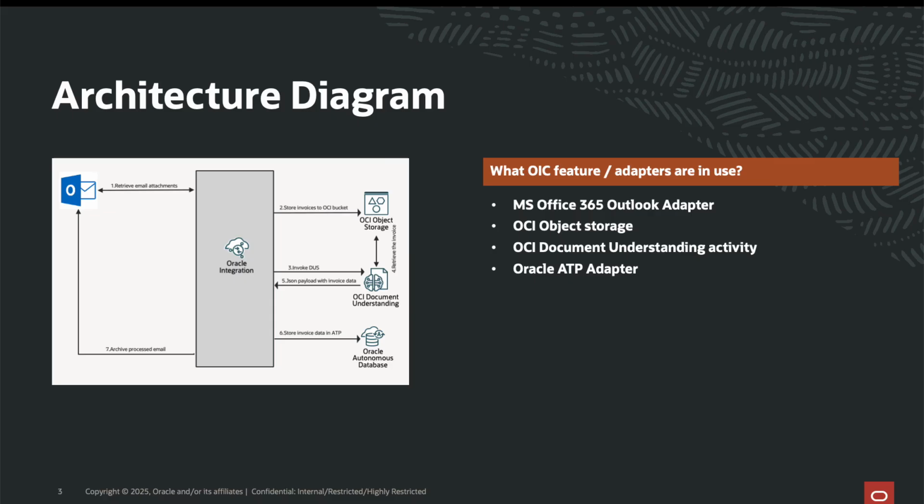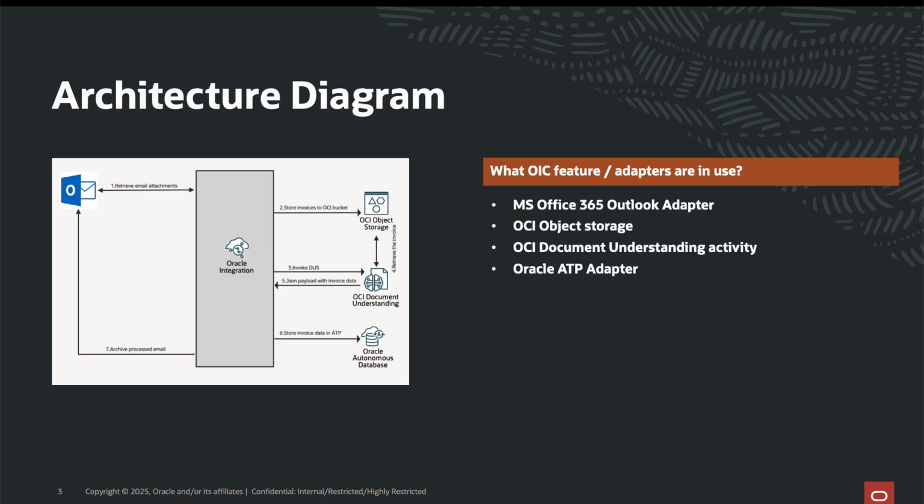And after that, it invokes the Document Understanding service, which in turn accesses the object storage bucket and retrieves the invoice document, analyzes it, and returns a JSON payload with all the invoice data to the integration. Integration then takes the payload and stores those invoice information into the ATP database table. And after all these steps, it goes ahead and archives the email that has been read.